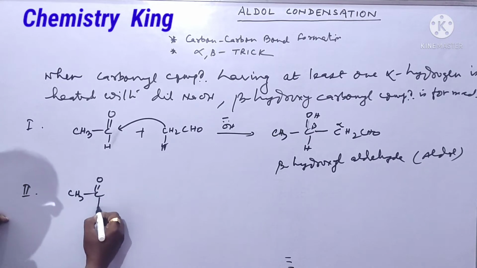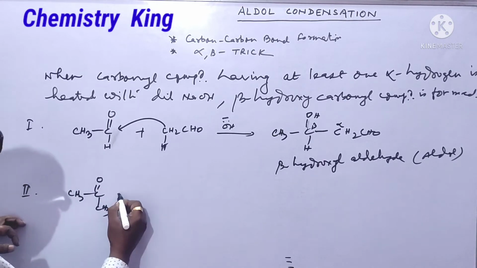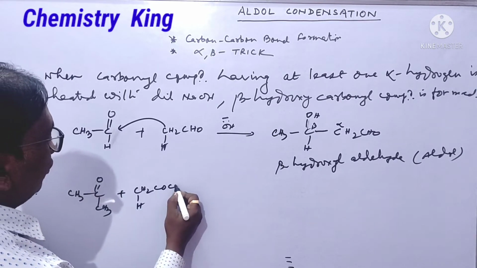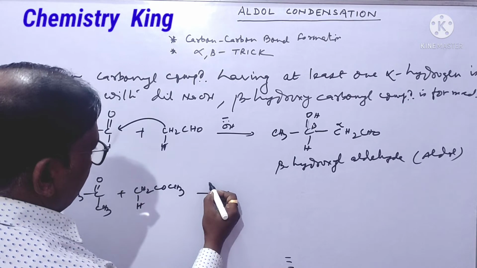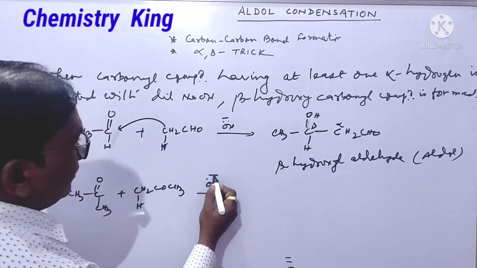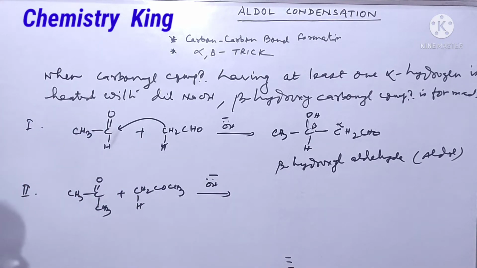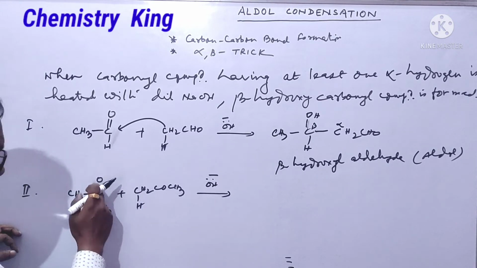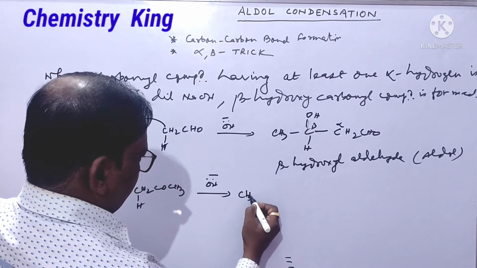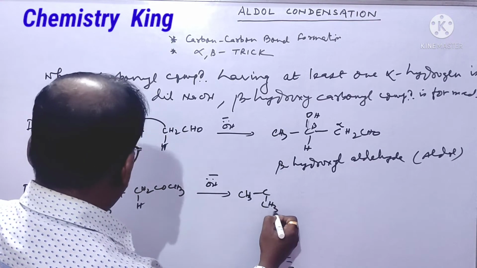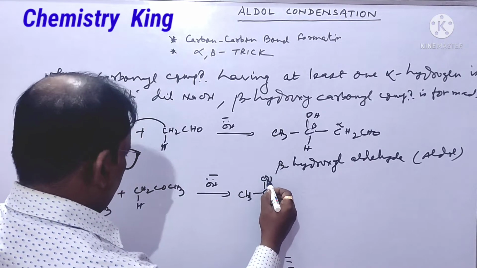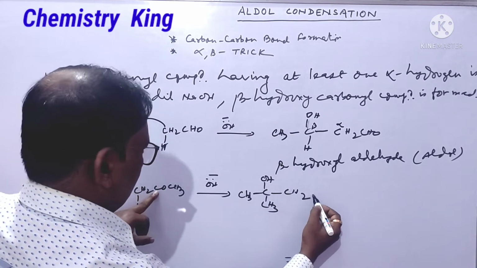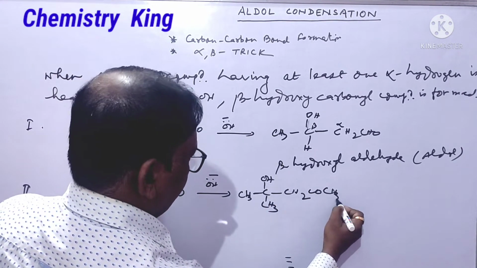Friends, second example is acetone, and again it is the second molecule of acetone, OH minus. Okay, this carbon gets attached, this H will come here, CH3, CCH3, it is OH, and it is CH2, CO, CH3.